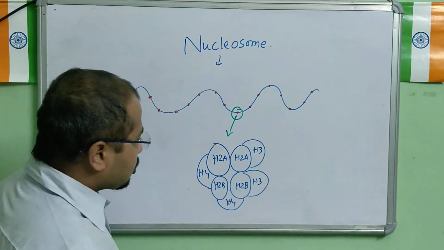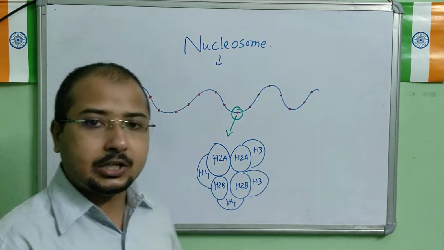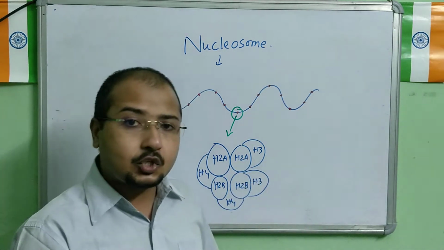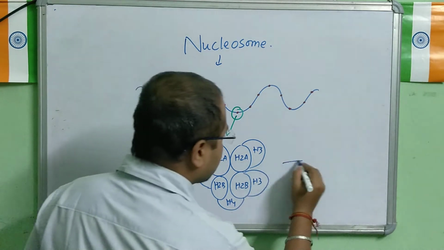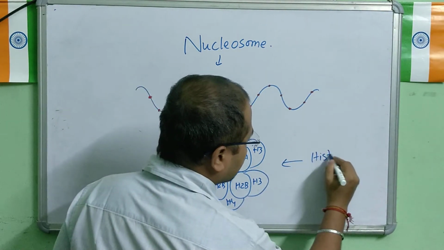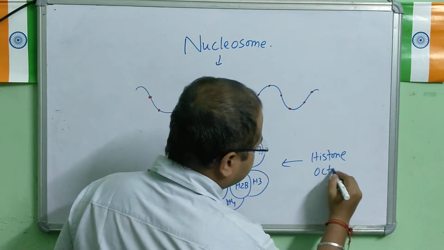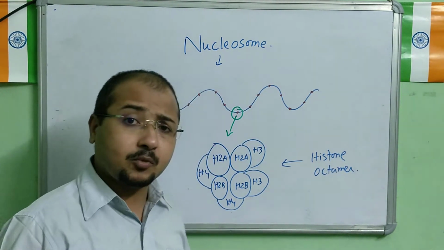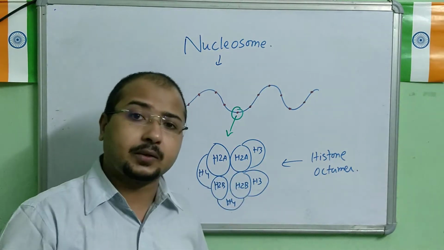So altogether, 8 histone molecules are there. This structure is known as the histone octamer. What is called the histone octamer? 8 histone molecules together at a particular location.